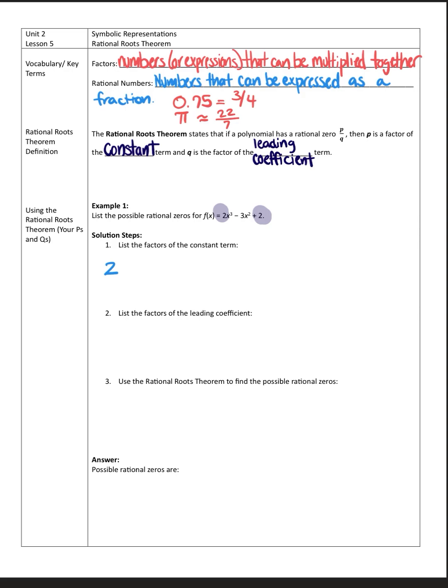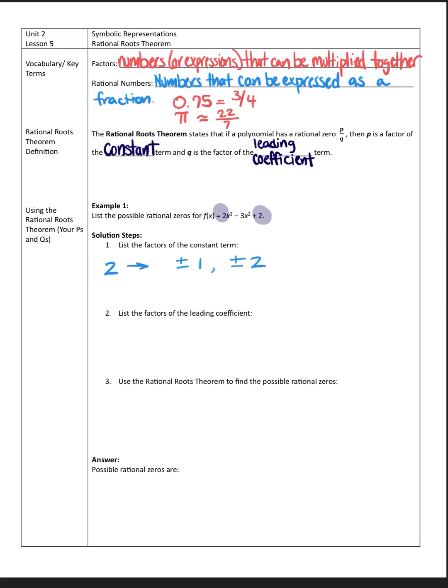If I wanted to list the factors of this number, I would have positive and negative 1, and I could also have positive and negative 2. These are the possible numbers that can be multiplied together to give us 2. So negative 1 times negative 2 equals positive 2. Positive 2 times positive 1 equals positive 2.